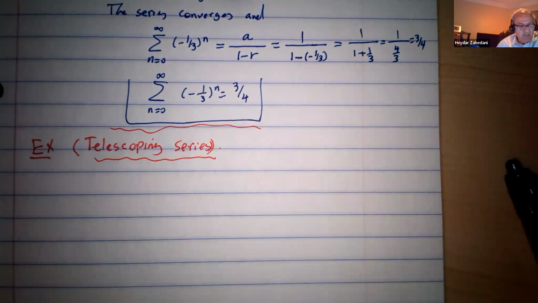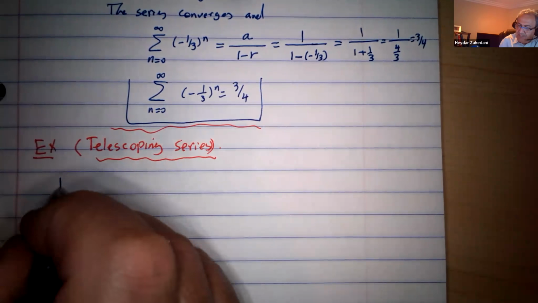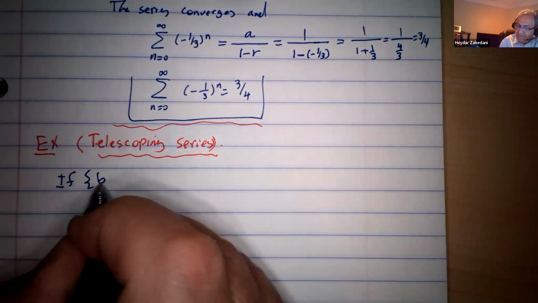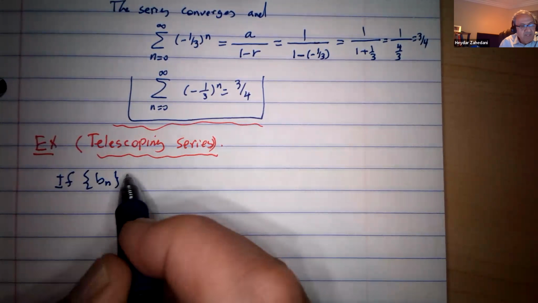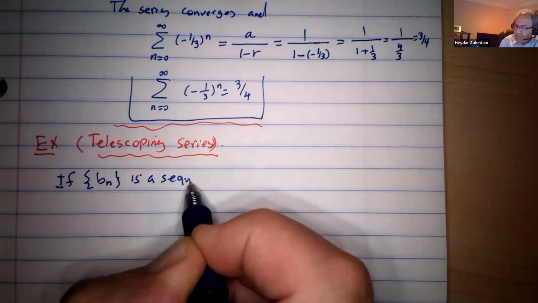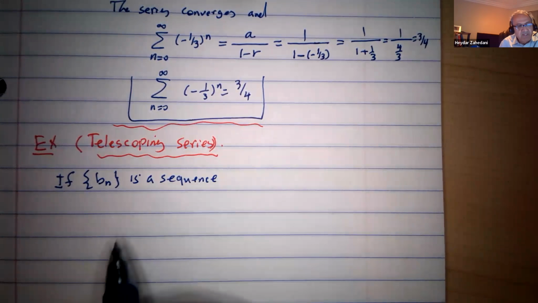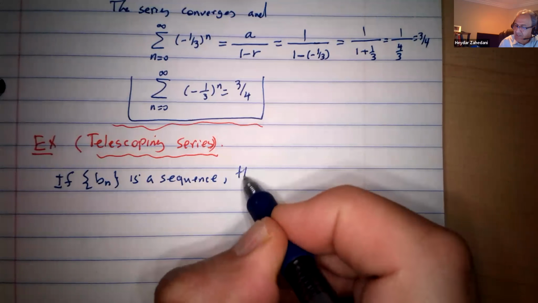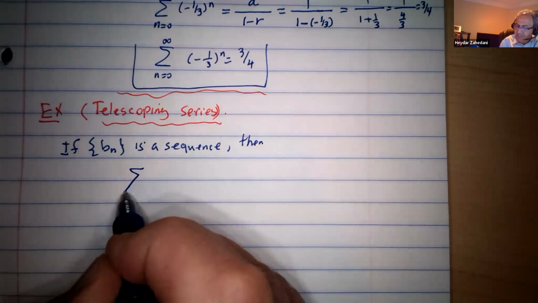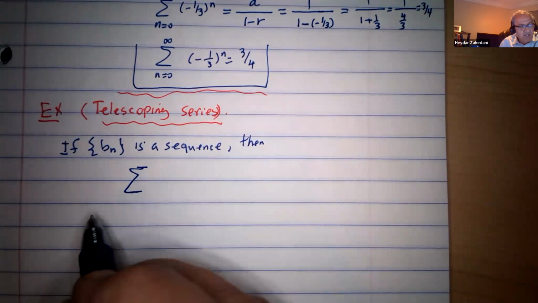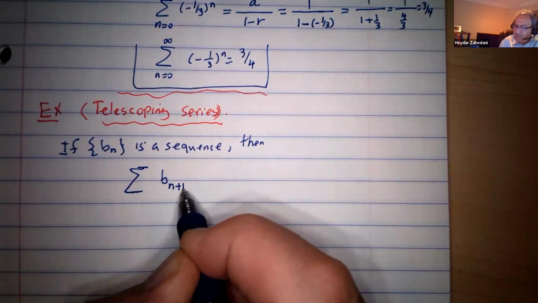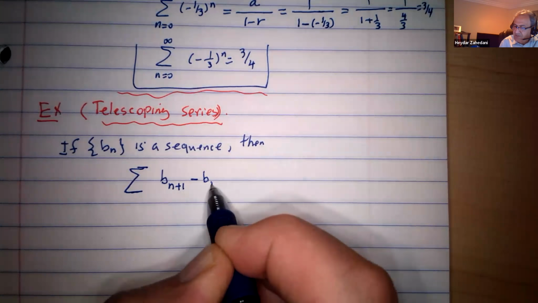If you have a series of this form, if Bn is a sequence, then as you look at this series, you have a series whose general term is the difference of two consecutive terms.